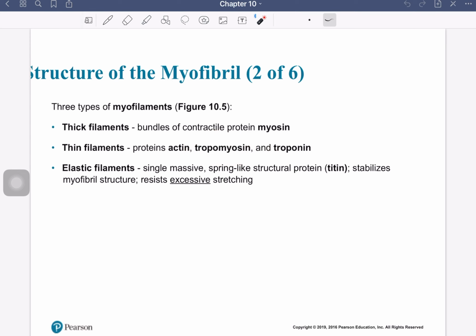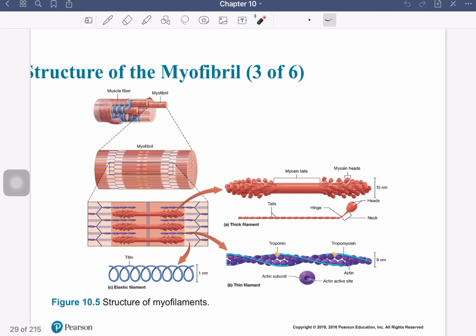Now, there's also elastic filaments, and these are much like a spring. They look like a spring and they act like a spring, and this is titin. And what does it do? It helps to ensure that the thick and thin filaments can be arranged in the proper orientation. And it also stabilizes the myofilament structure, and resists extra stretching that can occur.